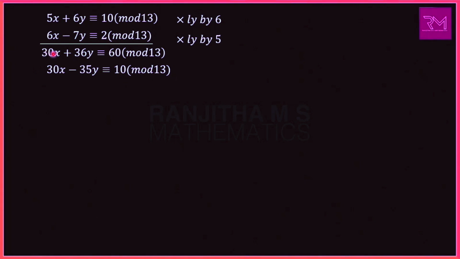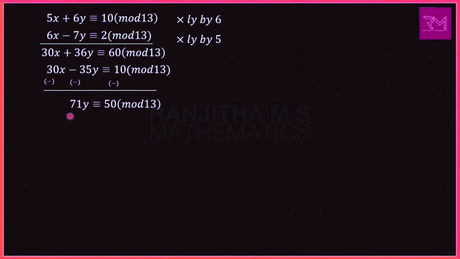Now we cancel 30x by subtracting these two congruences. 30x minus 30x is 0x, and 36y plus 35y gives 71y, congruent to 60 minus 10, which is 50, under mod 13. Therefore we get 71y congruent to 50 under mod 13.